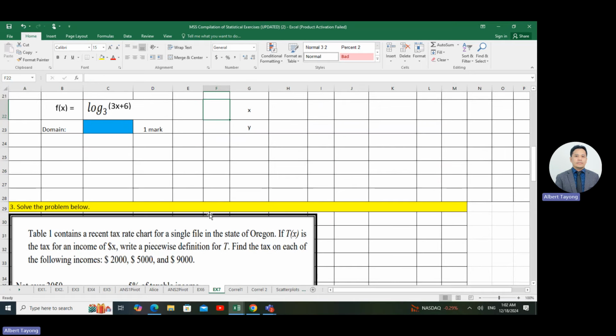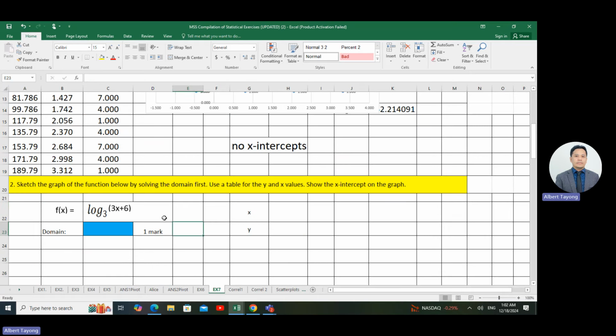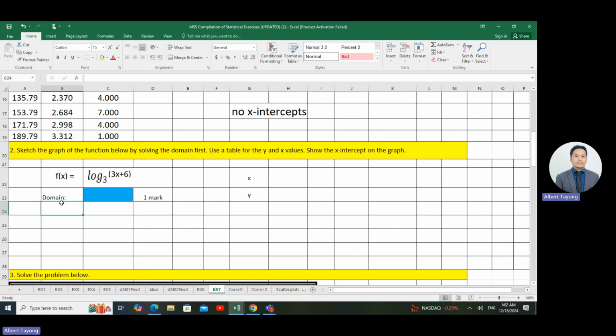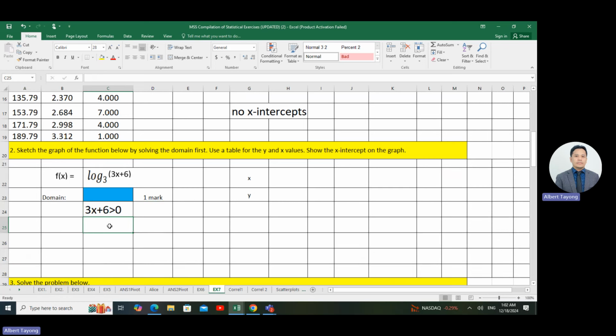Here we have a logarithmic function. So we have to start first with the domain. Our domain is after the log should not be equal to 0. Should be greater than 0. So 3x plus 6 greater than 0. Why? Because if 3x plus 6 is equal to 0 or negative, then it's going to create an error.